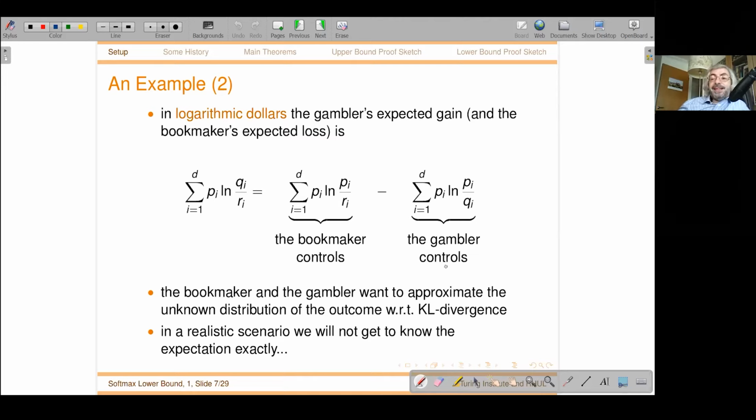So this is an example of a scenario where prediction with respect to KL divergence makes sense, but I should say that this does not exactly fit our scenario, because in a realistic situation, just one outcome would happen, and we would not get the full distribution.